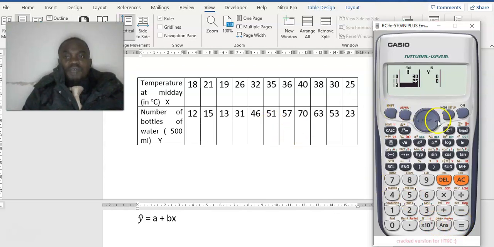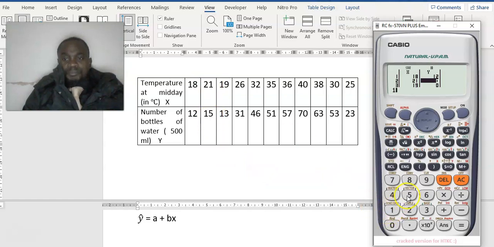I'm going to type the y values, so you move your cursor to the right, move it up, make sure it corresponds with 1. So the 18 must correspond with what? 12. So you take your time to do this one. So here is 12 equal, then 15 correspond with 21.